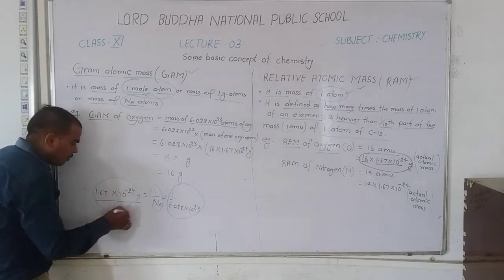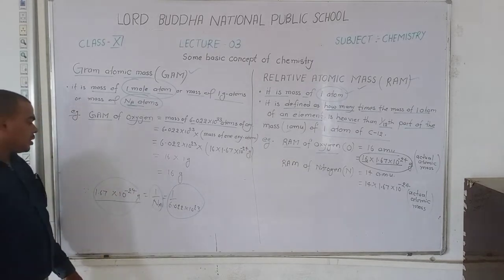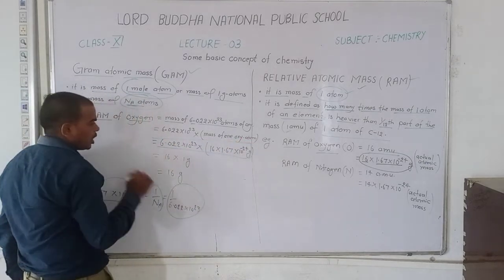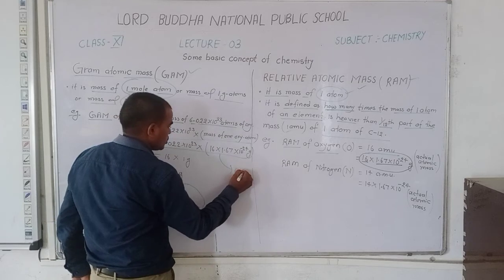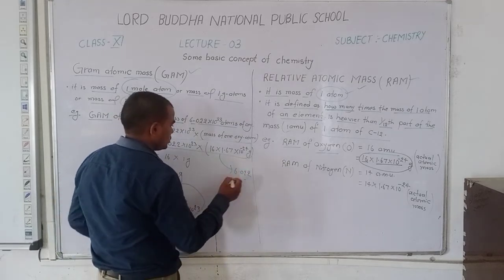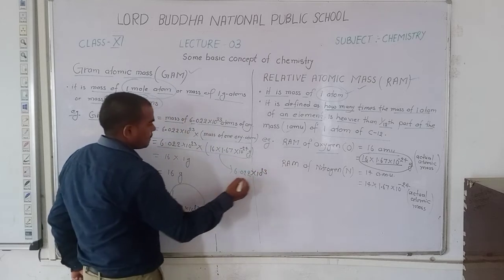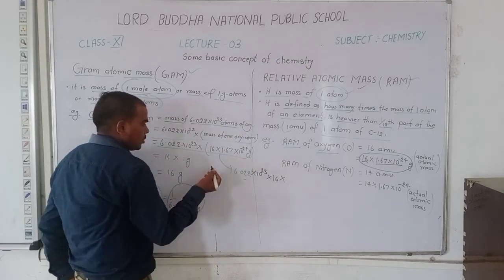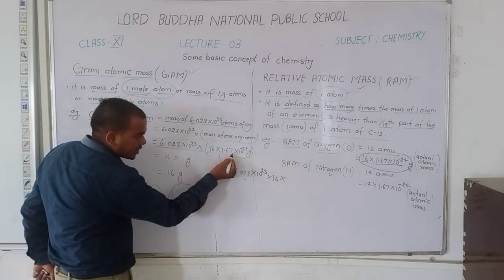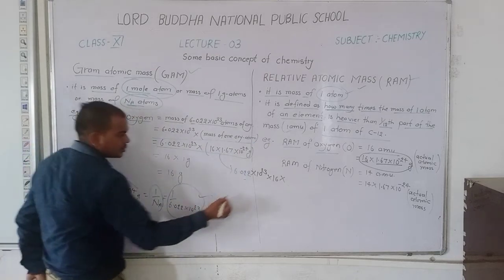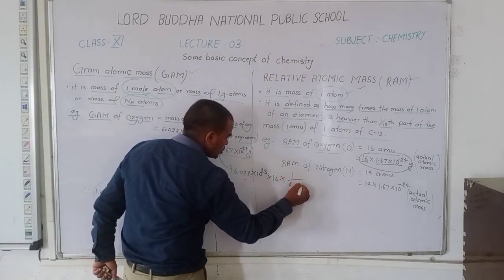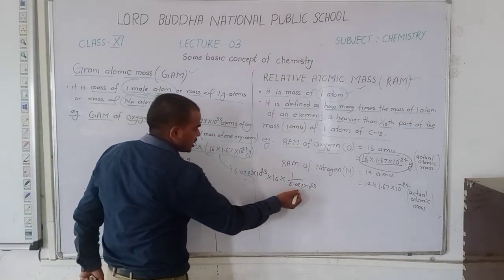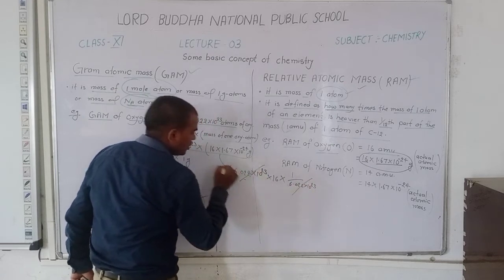So put 1 upon 6.022 into 10 power 23 in place of 1.67 into 10 power minus 24. Then 6.022 into 10 power 23 and 6.022 into 10 power 23 cancel each other.